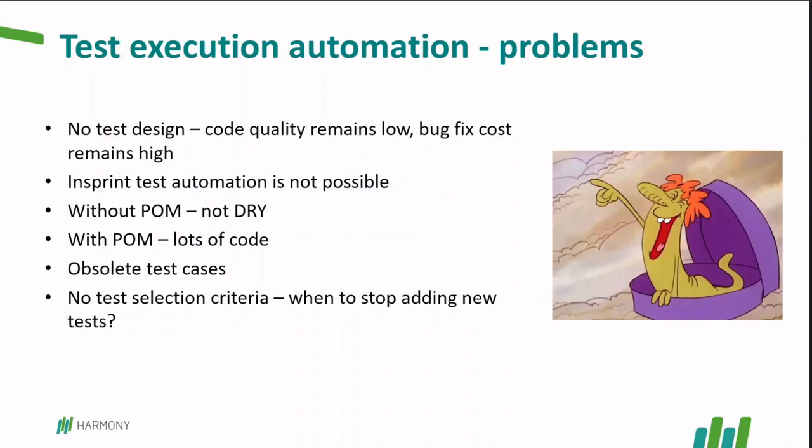So usually you should live with these obsolete test cases during the whole software development life cycle. And finally, there is no test selection criteria, so you don't know when to stop testing, when to stop adding new test cases, and you can have too few or too many test cases in this case.